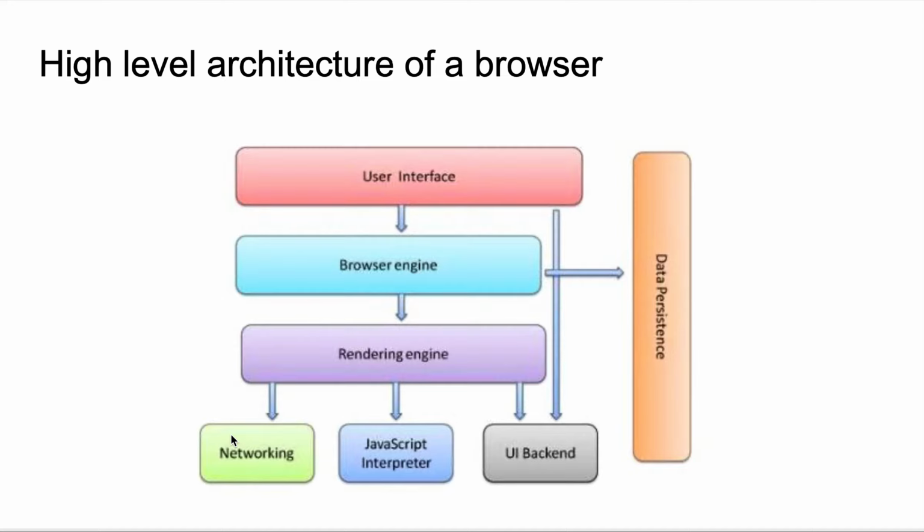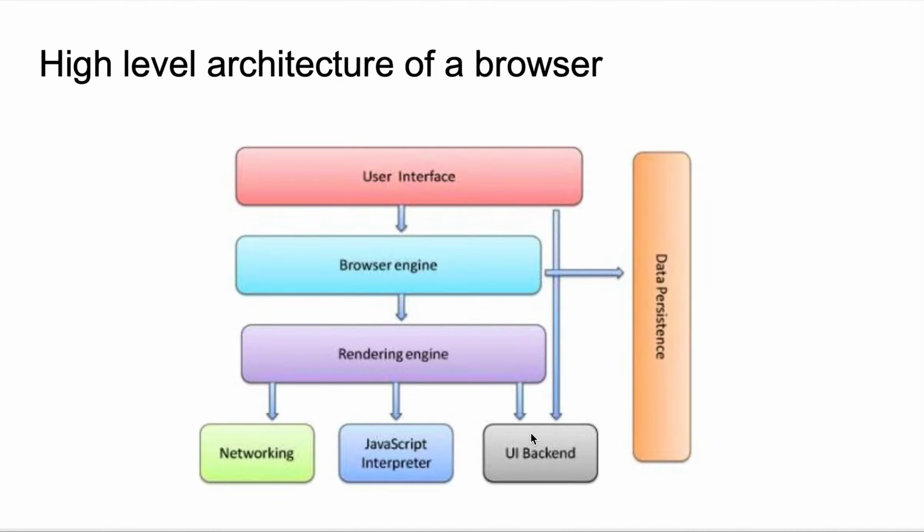This is your persistence part that I've talked about: local storage, session storage, etc. And this is the JS engine that we talked about. This is the networking part that takes care of your networking calls, HTTP calls, security, etc. This is your UI backend.